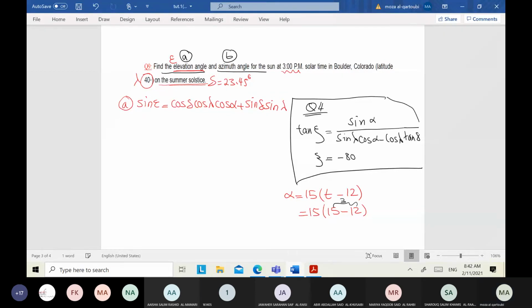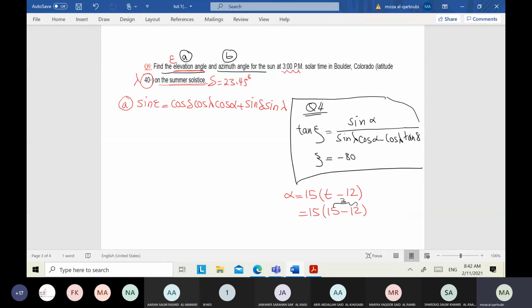Because we have other notes for our angle. We have two notes. The first note is that time should be used out of 24. So we use it. Then the second note is that we should check whether the time is before noon or afternoon.